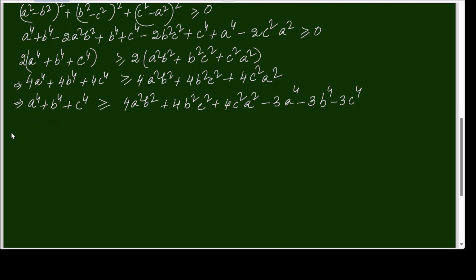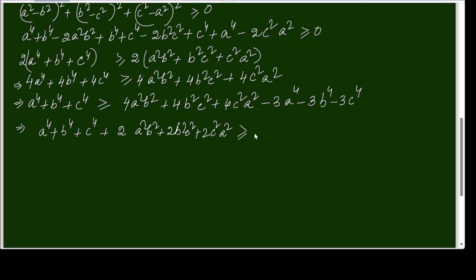What next? Next I'll add a^4 plus b^4 plus c^4, and I'll add twice a square b square plus twice b square c square plus twice c square a square on both the sides.